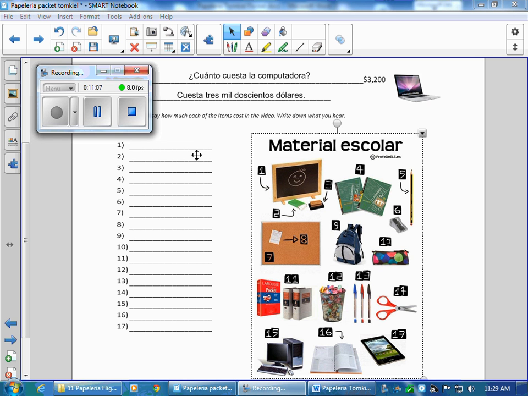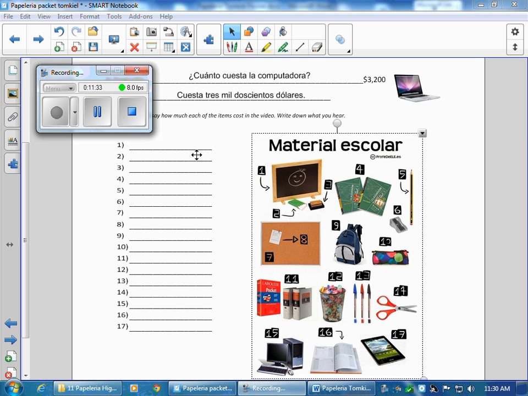Número 4. Cuestan $6. Número 5. Cuesta 60 centavos. Número 6. Cuesta 49 centavos.